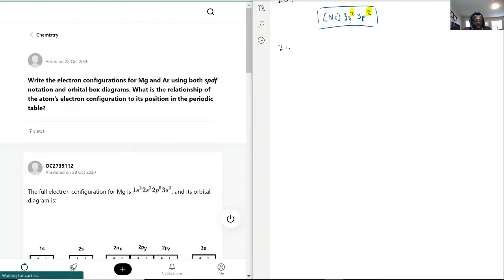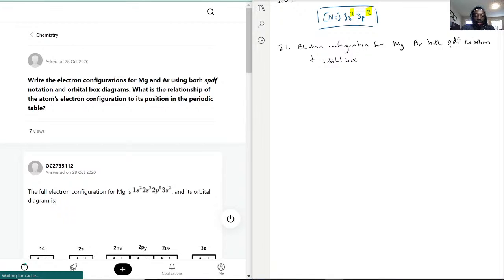More electron configuration using both the SPDF notation and the orbital box diagrams. What is the relationship of the atom's electron configuration to its position in the periodic table? This is a great conceptual question. So, electron configuration for Mg and argon, I think, both SPDF notation and orbital box.